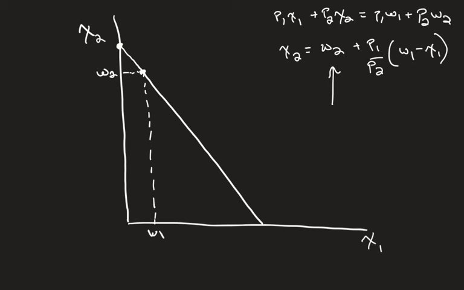But for completeness, we can note that the intercept on the x-axis is going to be how much good one you can have in the event that you transform all of that good two you have into good one. There you go. So that gives you your x-intercept as well.